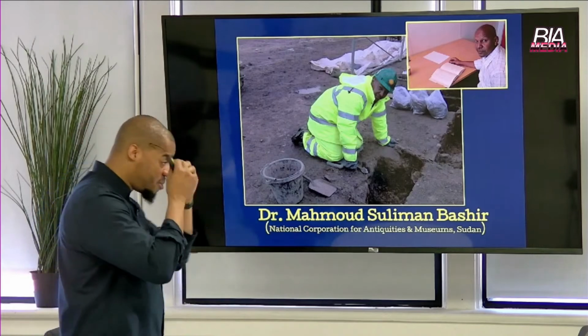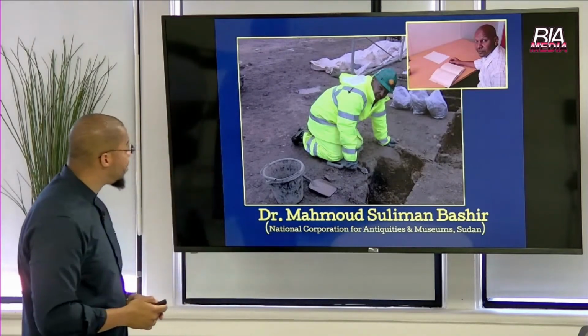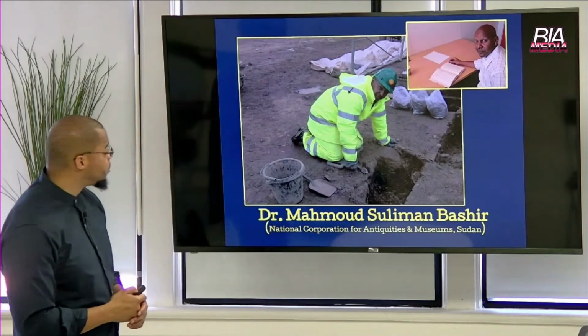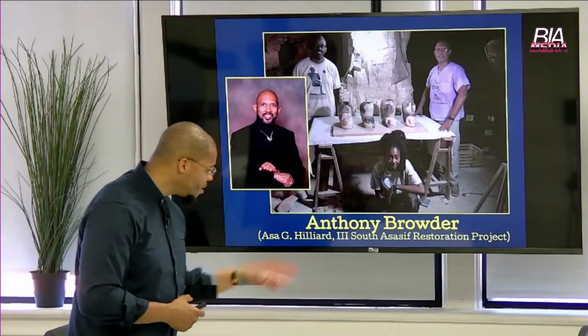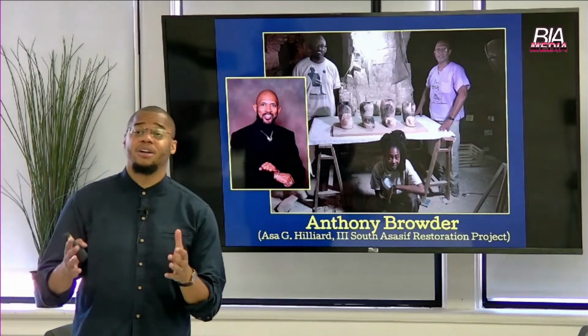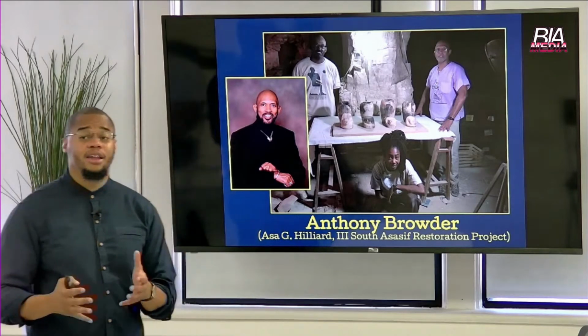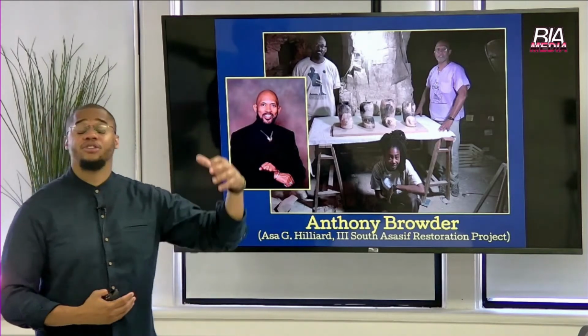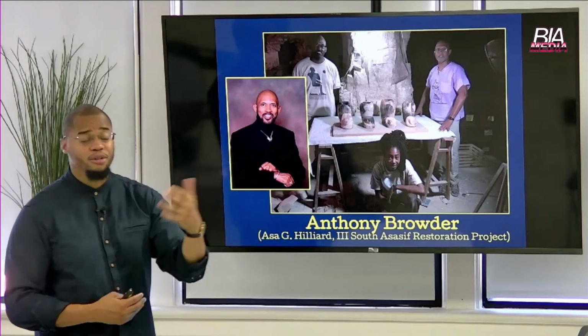Because we got black ones, like Mahmoud Suleiman Bashir, a Sudanese archaeologist who works for the National Corporation of Antiquities and Museums in Sudan. You got people like Anthony Browder, African-American, the first African-American to lead an archaeological dig in Egypt. And currently his dig is dealing with the time that the Nubians took over Egypt in the 25th dynasty, which we'll talk about soon.